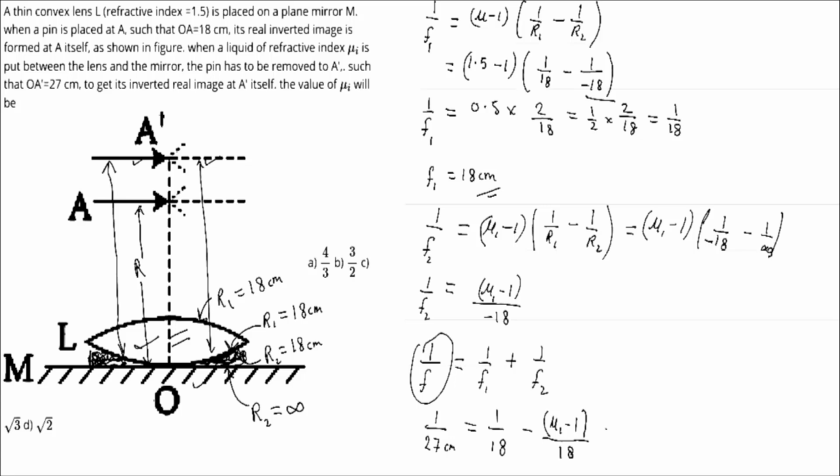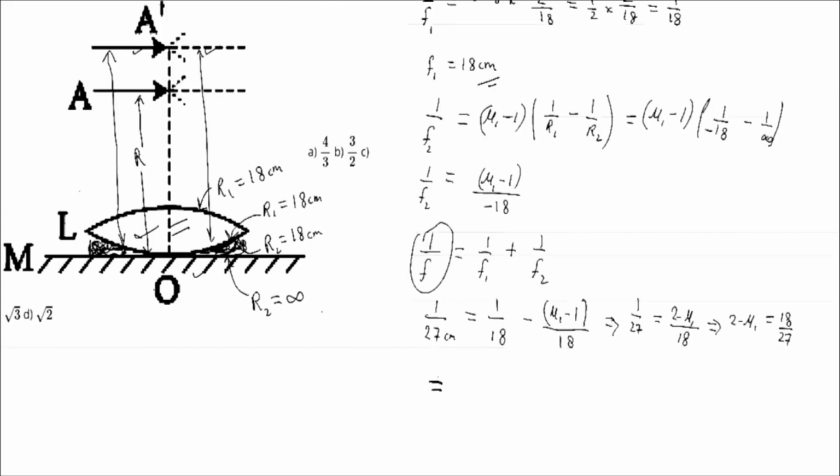So when we solve this, we get 1 upon 27 equal to 2 minus mu1 upon 18. So we get 2 minus mu1 equals 18 by 27.